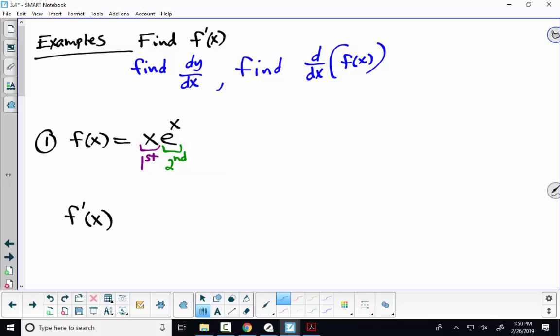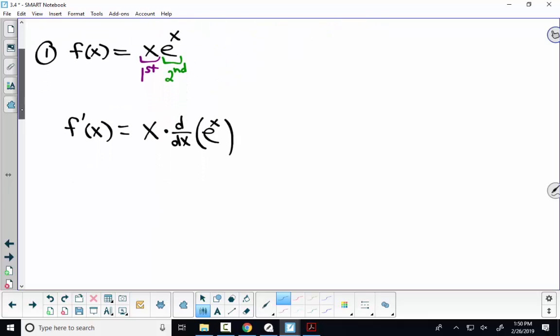So f prime, the derivative of that product, we take the first times the derivative of the second. Now I know maybe you already know what the derivative of the second term is in your head, I would not recommend just writing that down. If I say derivative, then somehow explicitly write derivative. It's going to make a whole lot of difference, especially when we look at the chain rule in 3.7.